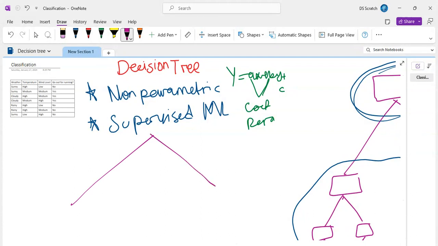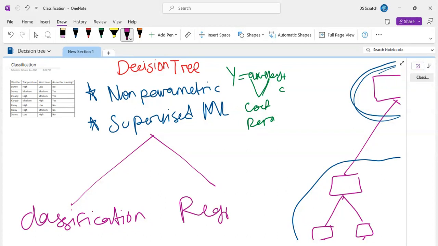If we want to classify something, then it's called the classification tree. Not just can we classify things using the decision tree, but we can also predict something, or use it as a regression tree, for predicting some output or some level.